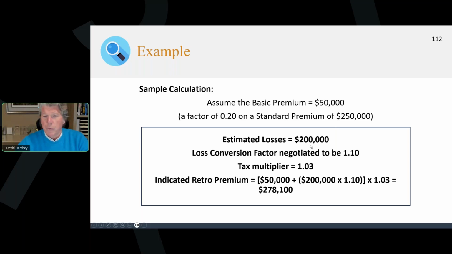This number represents the losses that you're exposed for, so that's part of the negotiation process. What are my losses going to be, such that that's my exposure, that's my loss pick? So the estimated loss is also known as the loss pick, and the loss pick is based upon what the insurance company expects you to be subject to. So good question.